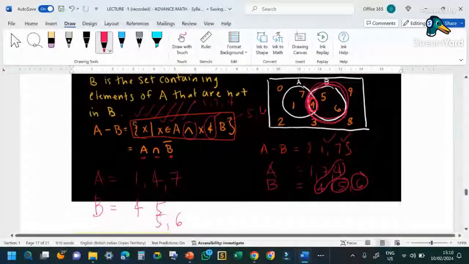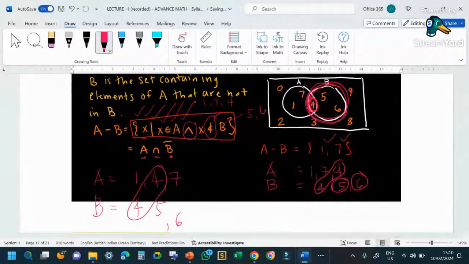A minus B will be A minus your intersection, and those that are not B, those that are not the complement of B. It means B itself, because the complement of B are 1, 7, 0, 2, 3, 8, and 9.